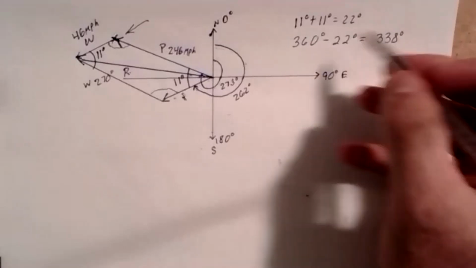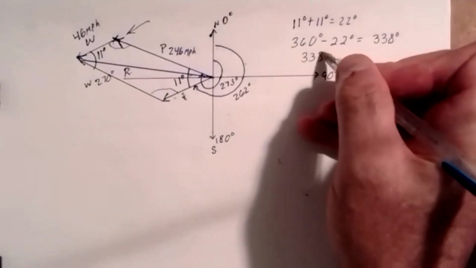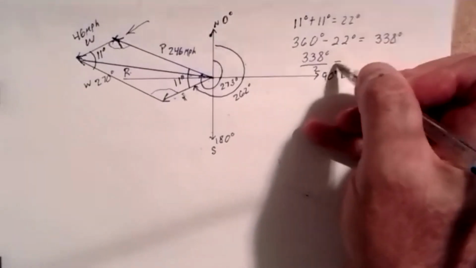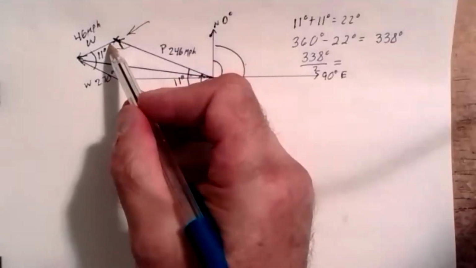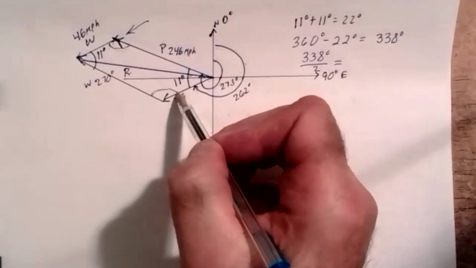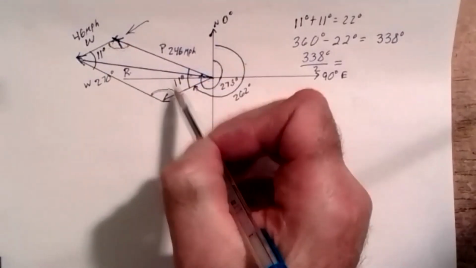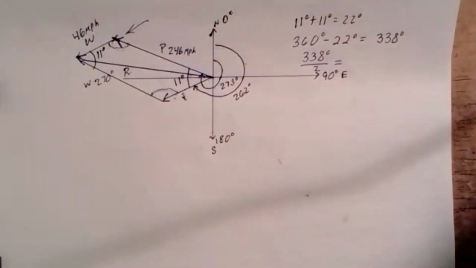And then, ladies and gentlemen, we'll divide 338 degrees by 2, because these angles must be the same measure. So they're both of the same measure. Do I have my math right here, ladies and gentlemen?